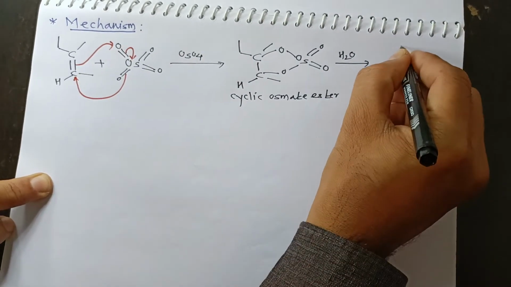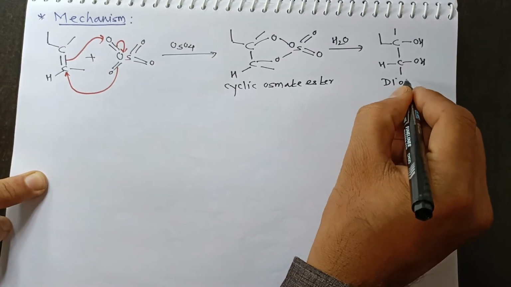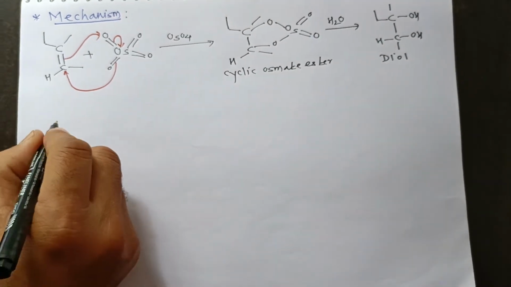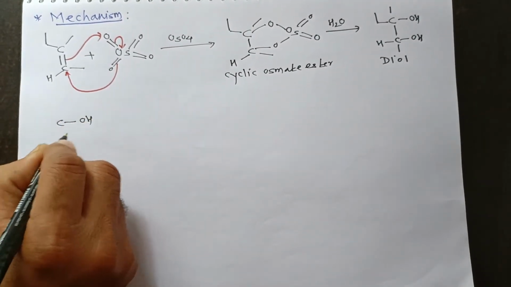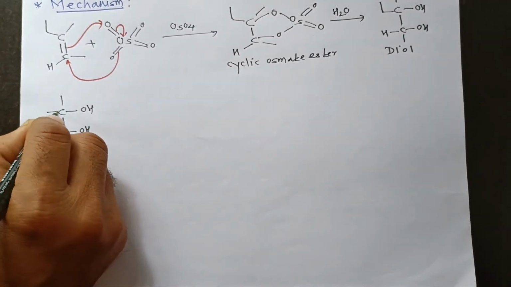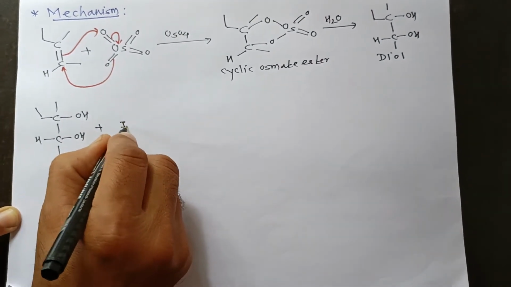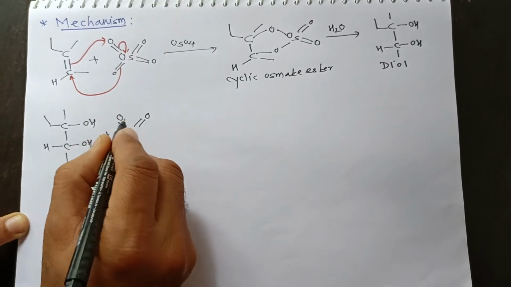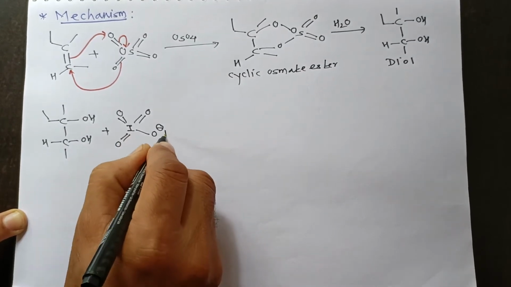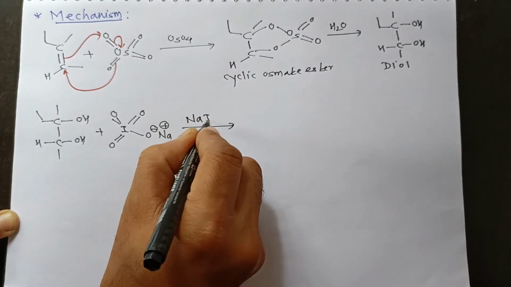For the detailed mechanism you can see my previous video. So this is the diol. Then this diol undergoes reaction with sodium periodate. This is the structure of NaIO4.